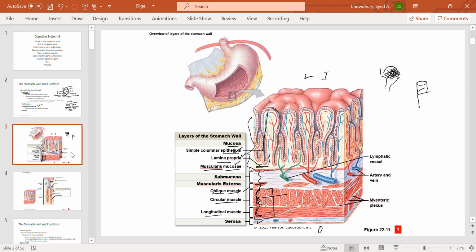Okay, now you see these cells in the epithelium, the innermost layer of the mucosa, are very important because these cells form the gastric gland. So we'll see the gastric gland.